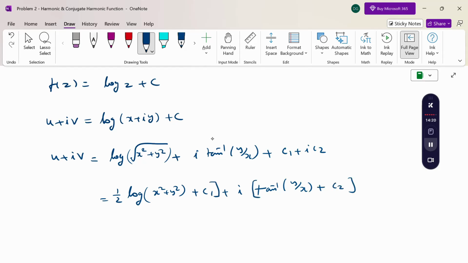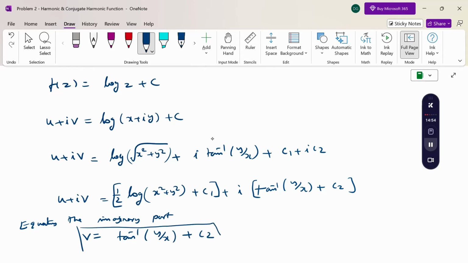So this is the real and imaginary part. Comparing real and imaginary parts, u equals 1 by 2 log of x square plus y square plus c1. So v, from this equation, is the imaginary part. Equating the imaginary part, v equals tan inverse of y by x plus c2. Thank you.